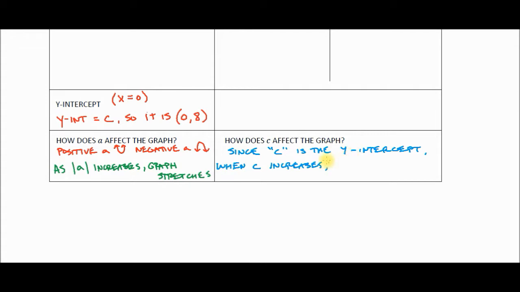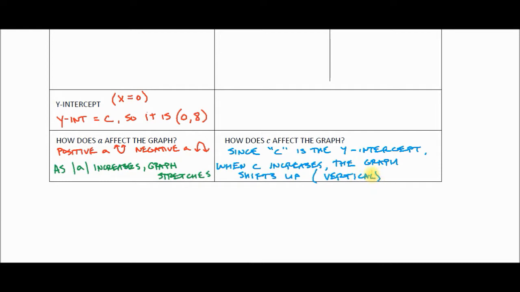When c gets bigger, the y-intercept gets higher, and that means the graph is going to shift up. So when c increases, the whole graph shifts up. And this is actually causing a vertical shift.